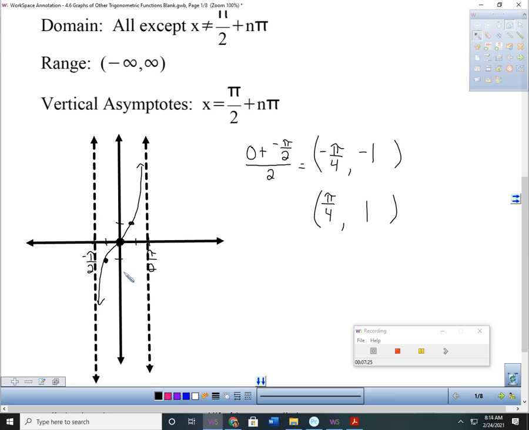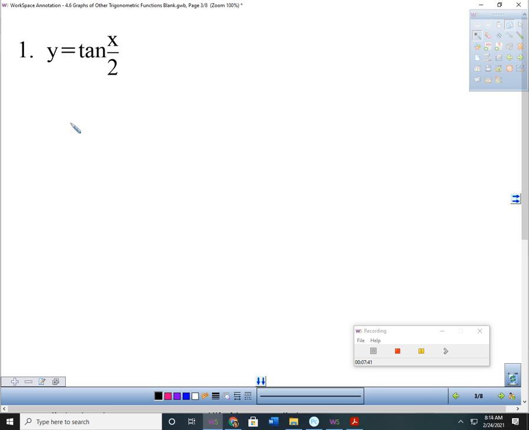Now remember, when we start changing things within the equation, then things start to change. They shift left, right. You stretch that up, shrink it, whatever. All right. So the first thing we are going to do is figure out our period. And remember, period represents the distance from the first asymptote to the second asymptote. Well, I already know that we start with a period of pi, but when we start changing things, that changes.